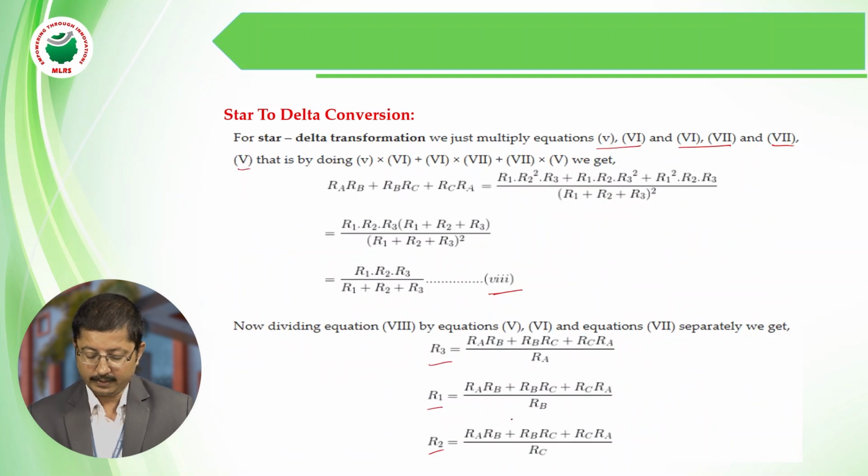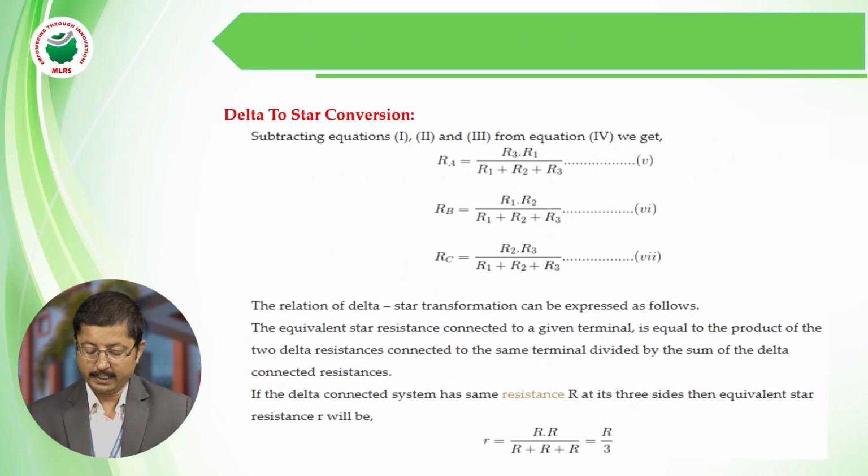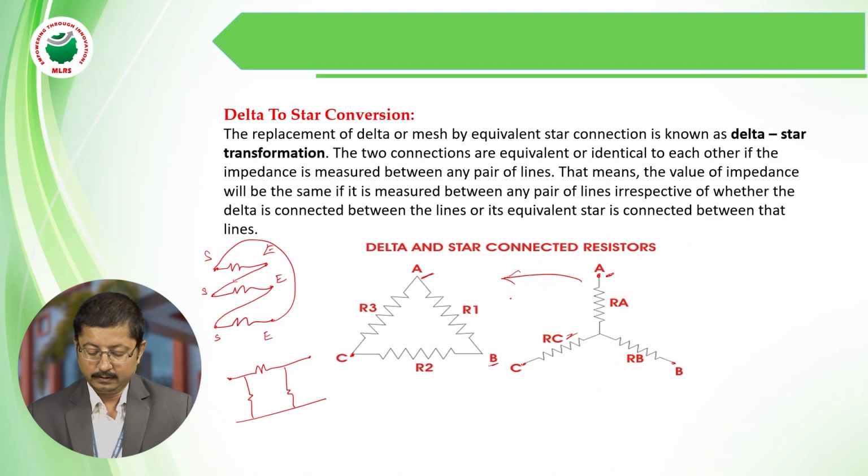R1 is equal to RA plus RB plus RA RB divided by RC. Here RB is connected here.